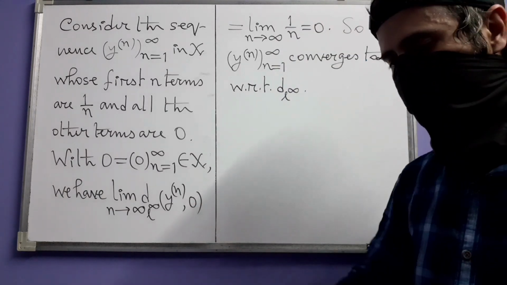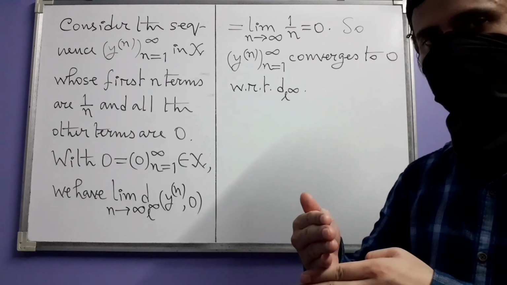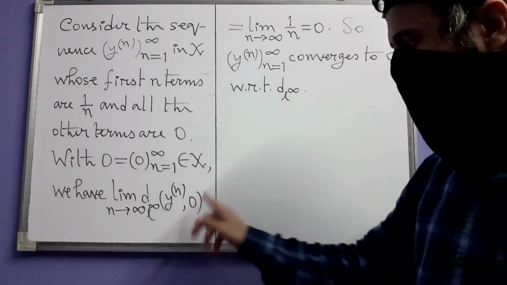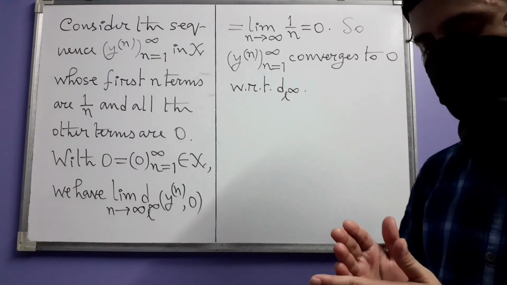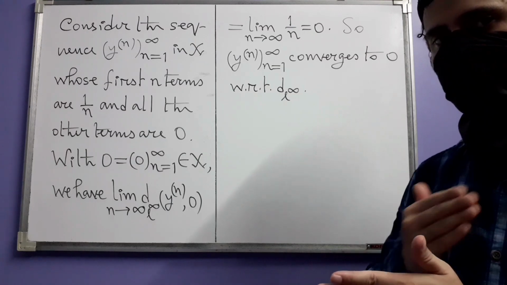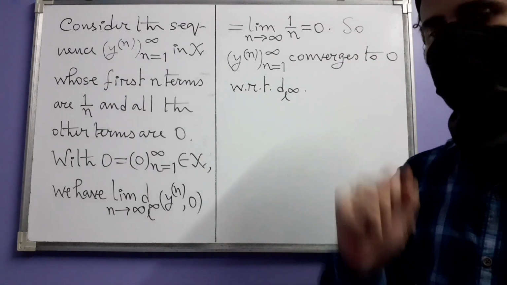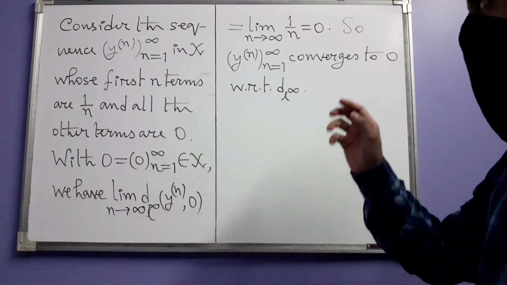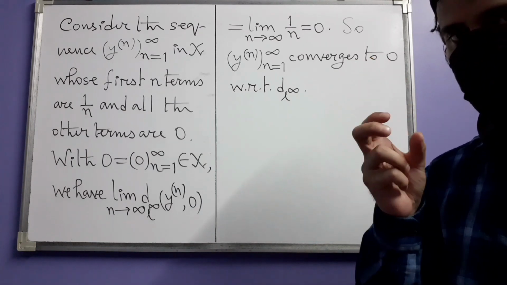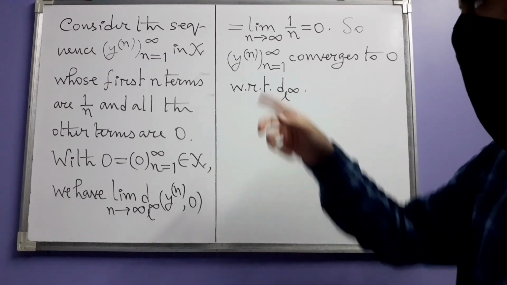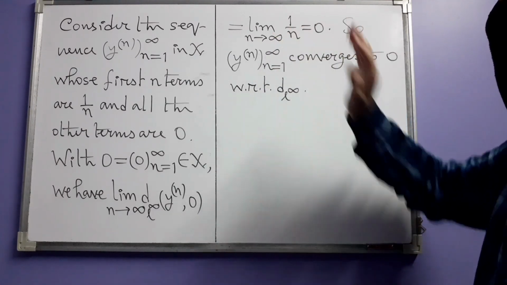Because to calculate dl infinity, you have to consider the numerical differences of the corresponding terms of this sequence. Almost all of those differences will be equal to 0, except the first few, which will be equal to 1 divided by n. So the supremum of that set of such differences will be equal to 1 divided by n. That limit is 0.